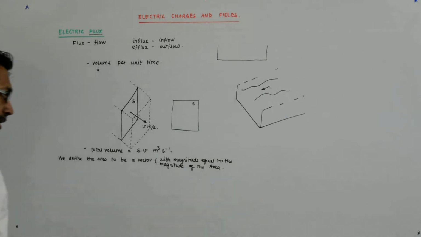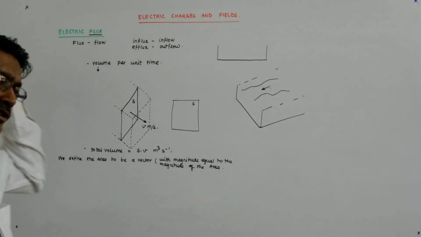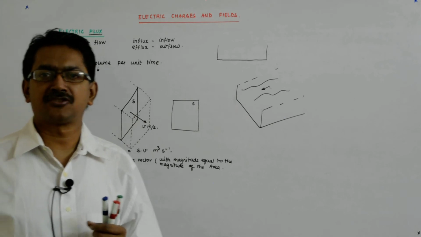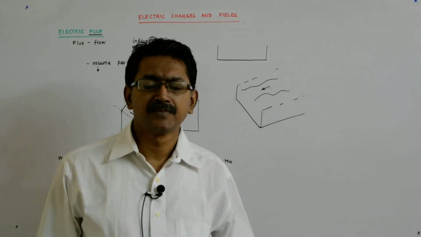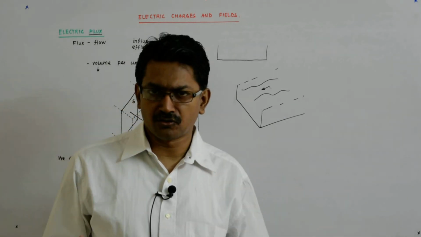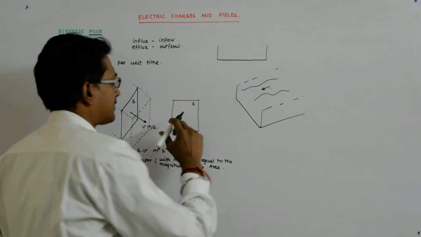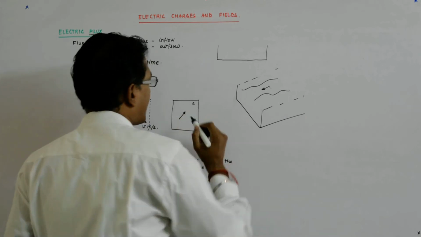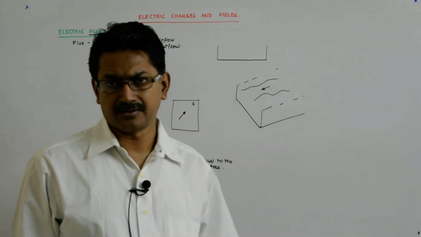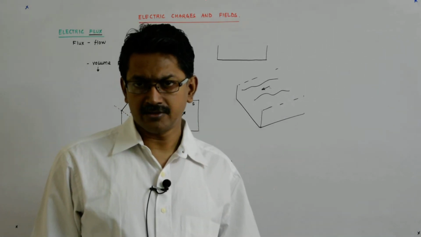Now direction is something that we'll get stuck in. Why? Because what should be the direction of the area? If I take it in the plane of the area, say like this, then there are infinite number of directions, right?